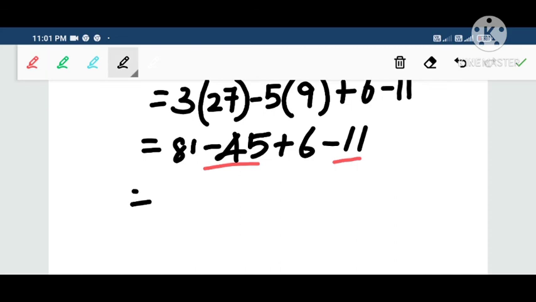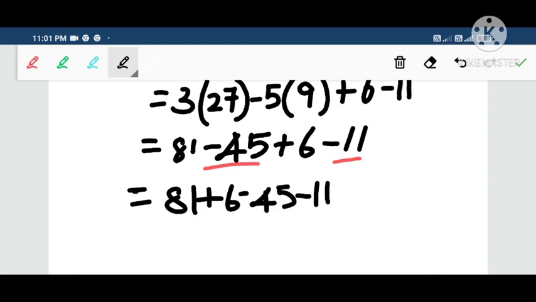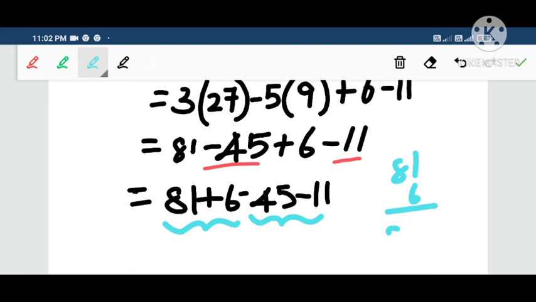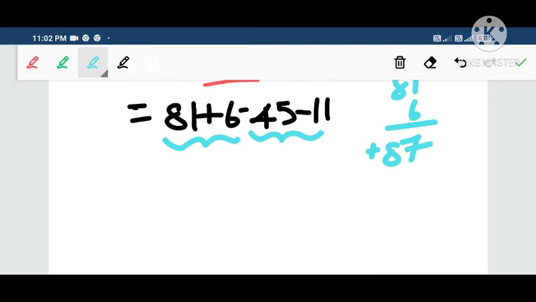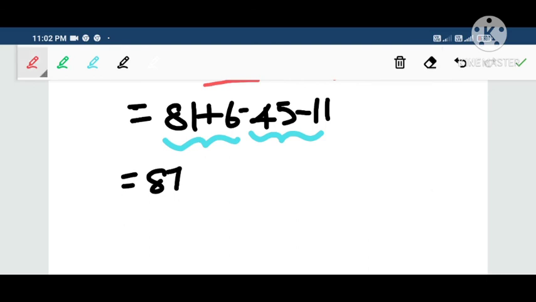So I take the positive values plus 81 and plus 6 first, and minus 45, minus 11 second. First two positive: 81 plus 6 becomes 87. If the symbol is the same, you get plus 87. In the same way, with the negatives, minus 45 and minus 11.